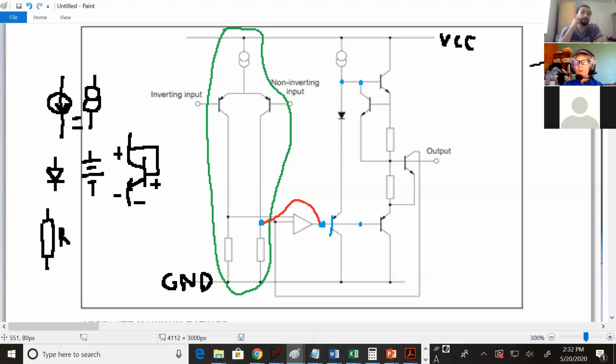Okay, so for a common collector, on the last homework you did a touchy-feely problem. And you saw that if V in goes up, V out goes up.